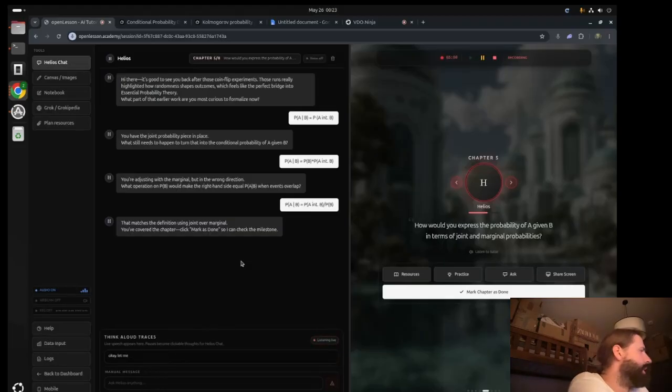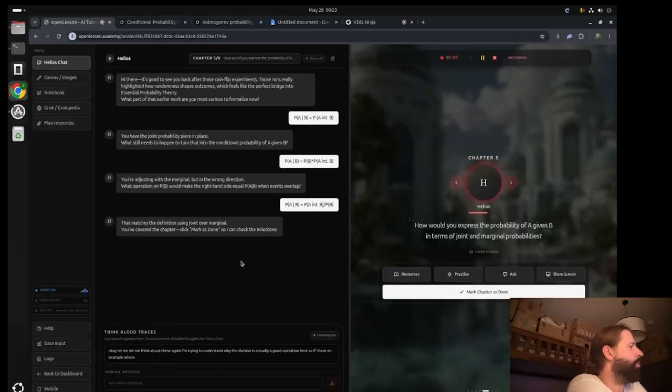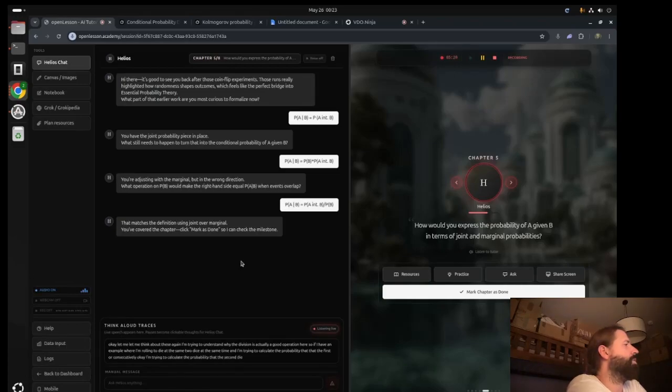Okay, help me think about these again. I'm trying to understand why the division is actually a good operation here. So if I have an example where I'm rolling two dice at the same time, I'm trying to calculate the probability that the second die rolls a 3, given that the first die rolled a 3.